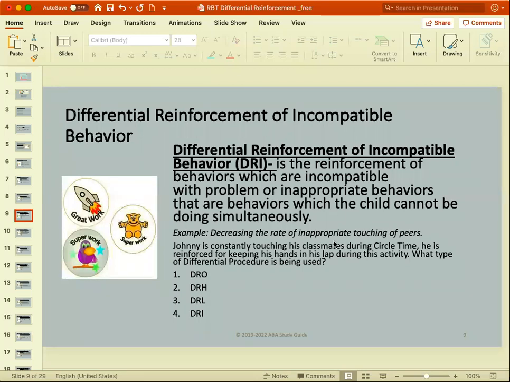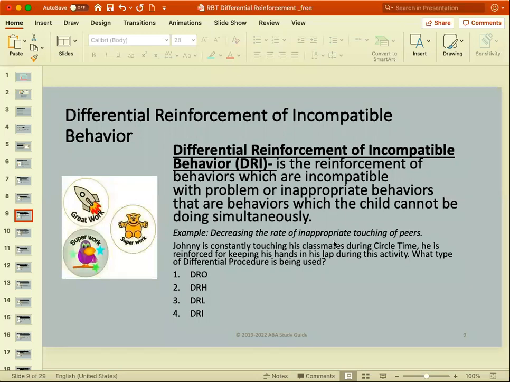So we teach him as a DRI to reinforce keeping his hands in his lap. So we set a rule or a contingency, hands in the lap, deliver stickers upon our DRI schedule. Upon our schedule, what type of differential reinforcement procedure?